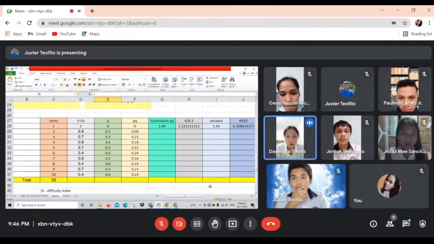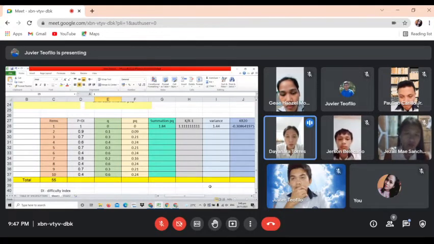If we multiply those two, the answer is 0. Same process from item number 1 to item number 10. For the summation of PQ, we just add all the answers of PQ from item number 1 to item number 10. After we add those numbers, we come up with the answer of 1.84.